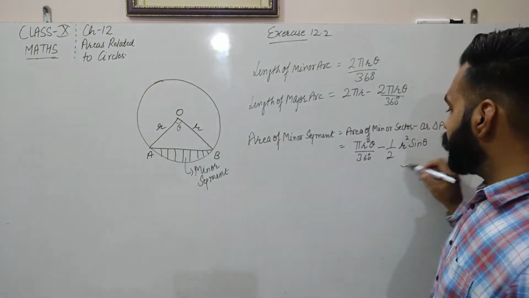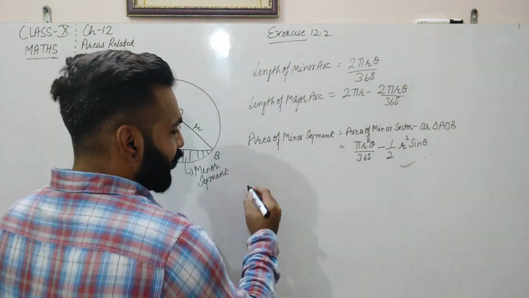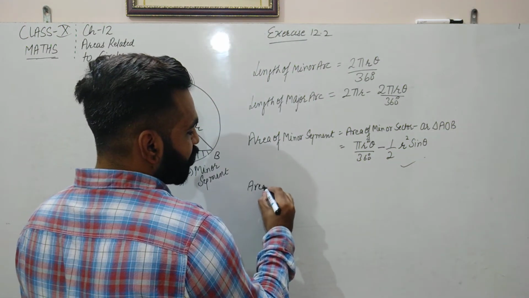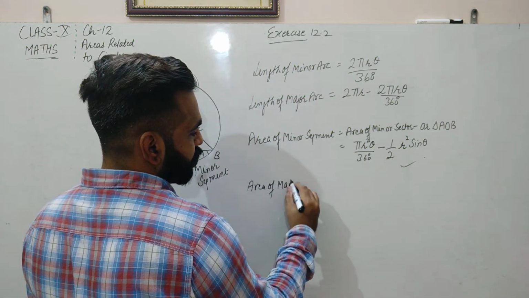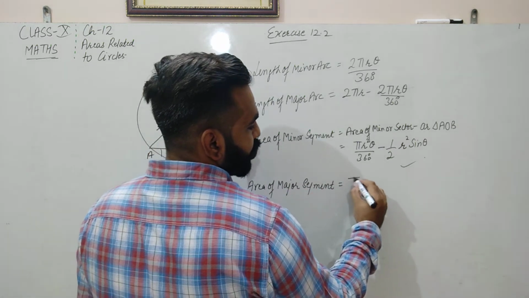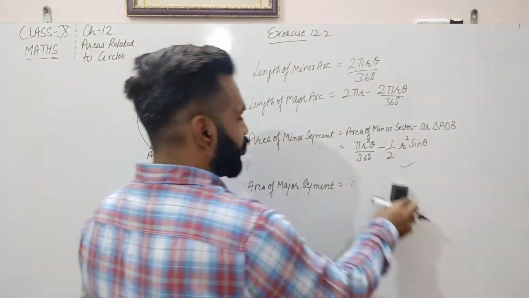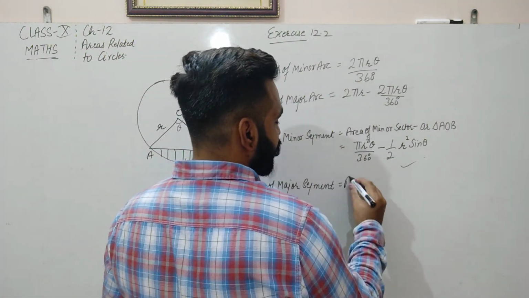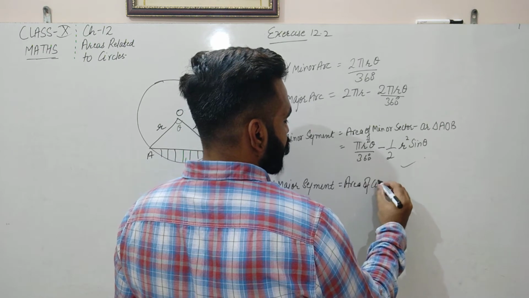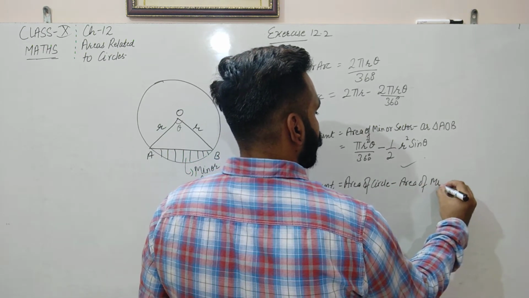So this will be our formula to calculate the area of the minor segment, and in case we want to find area of major segment, this will be equal to pi r square, area of circle, or we can write directly area of circle minus area of minor segment.